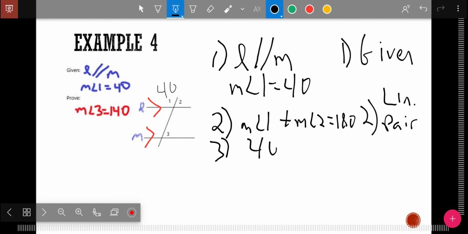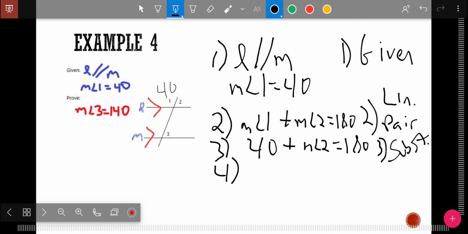So 40 plus the measure of angle 2 equals 180. I plugged it in, so it's substitution. I then do the math. I subtract 40 from both sides. The measure of angle 2 equals 140. And I did subtraction.